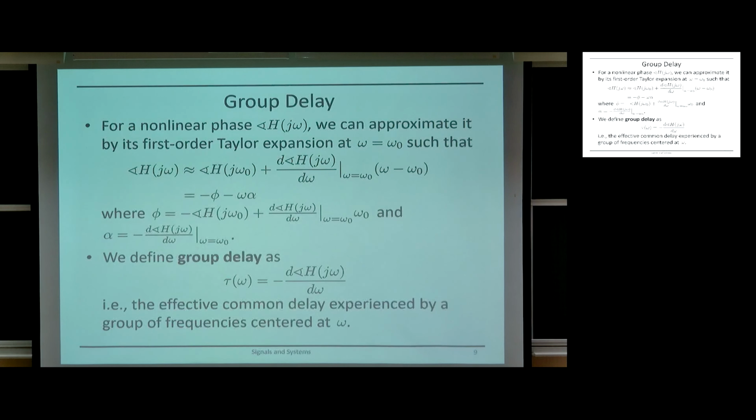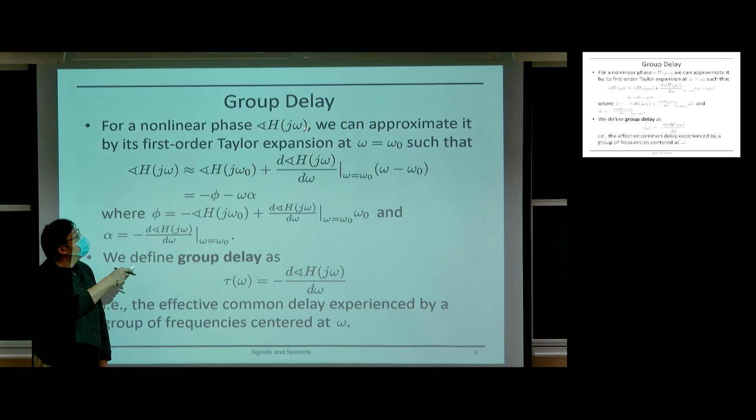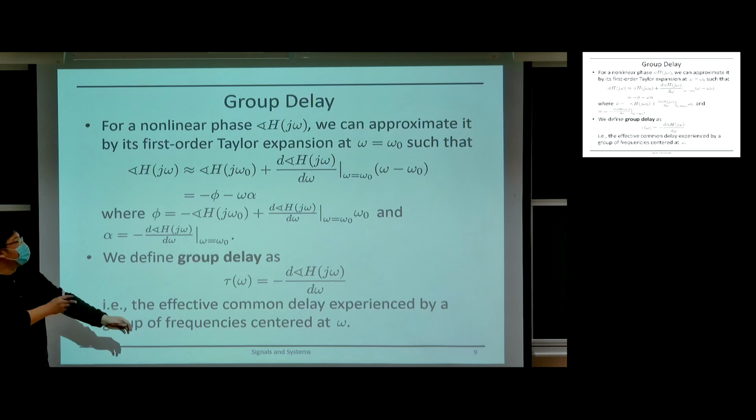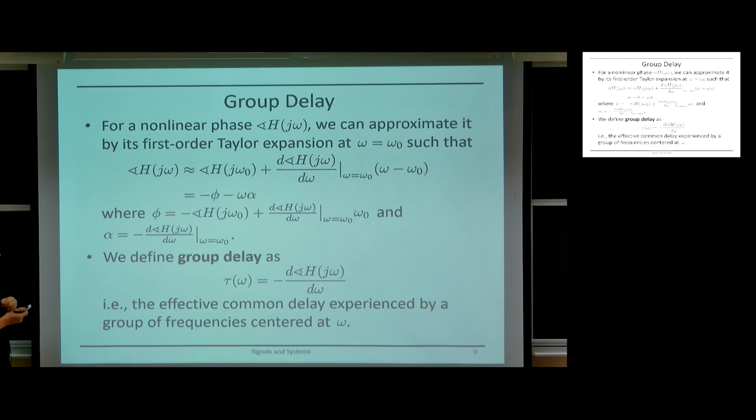So when you're looking at a system with a nonlinear phase, it gives you a phase shift that is not proportional to the frequency of the signal. But still, we would like to see what is the resulting delay that is caused at each corresponding frequency component. We can do this by taking the first order Taylor approximation of this phase shift of the system.